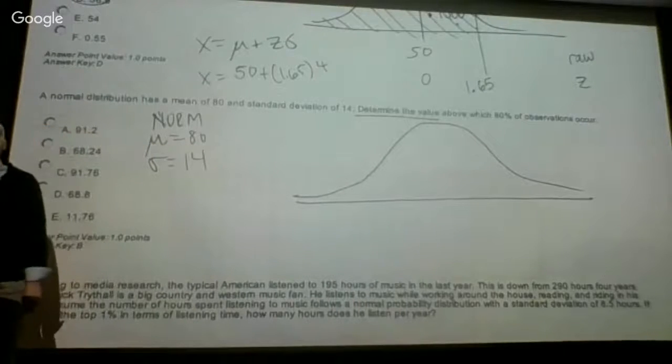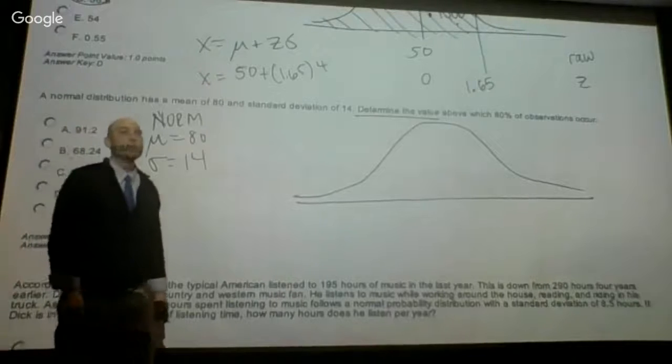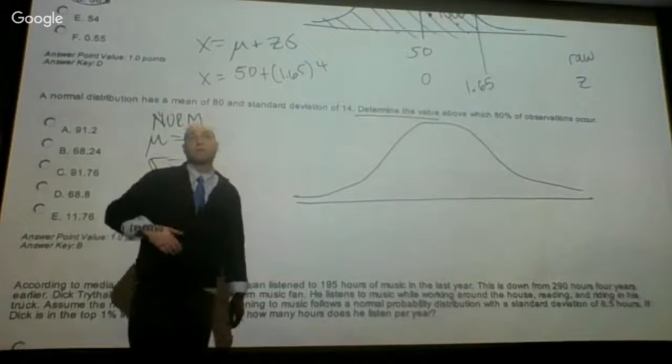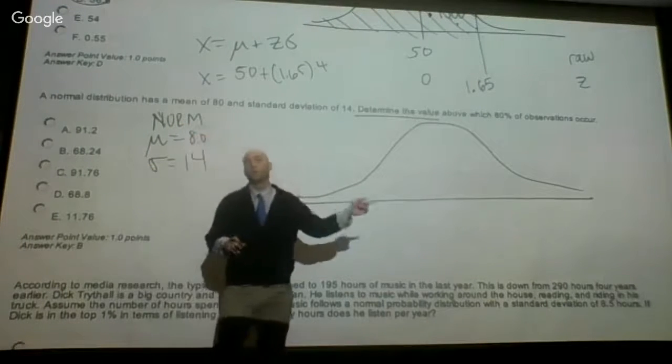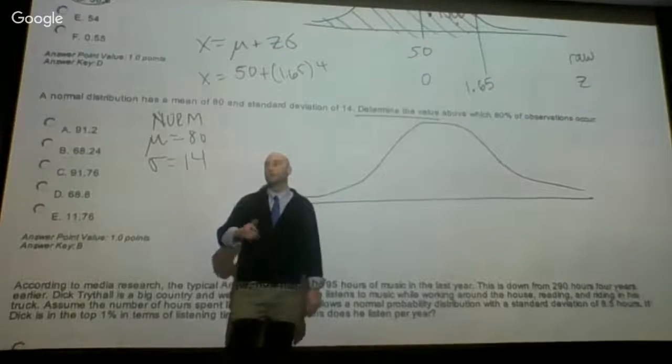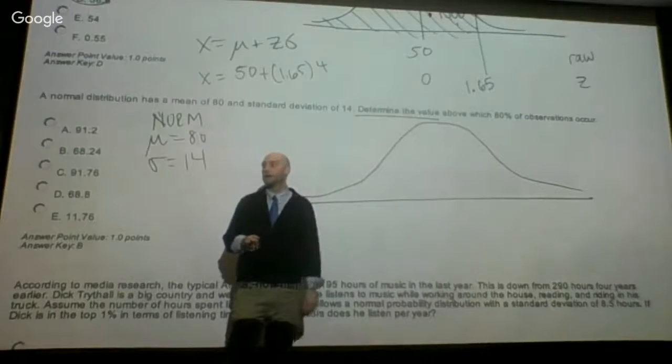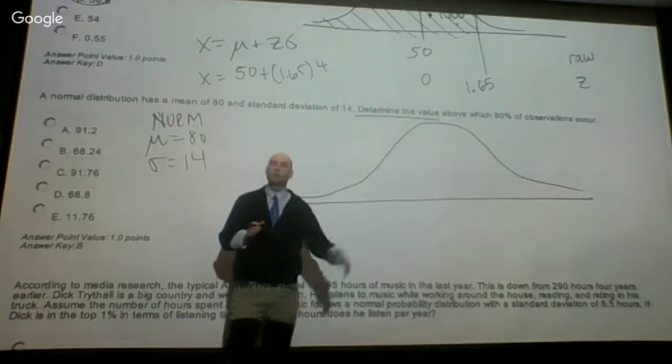We're going to draw a line on this picture. Do we draw a line on this picture to the left or to the right of the mean? To the left or to the right? We need the value above which 80% of the values occur.